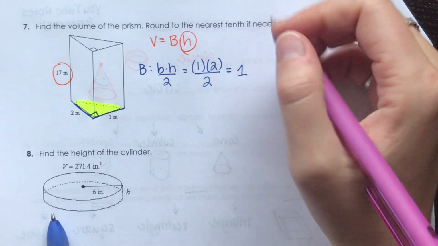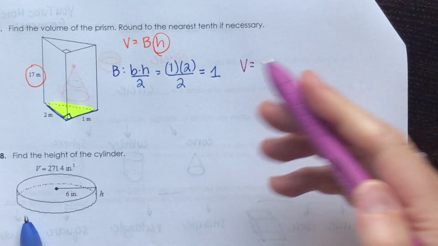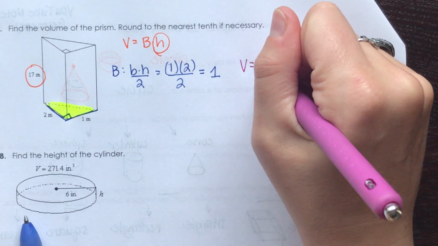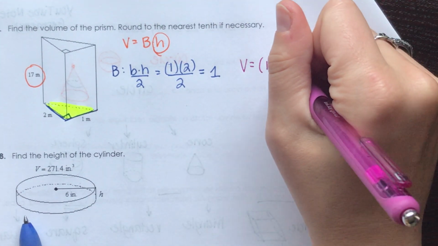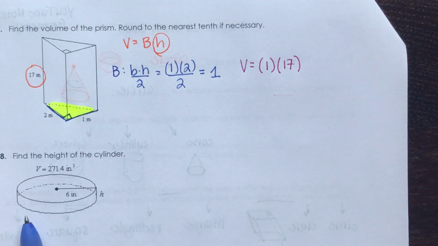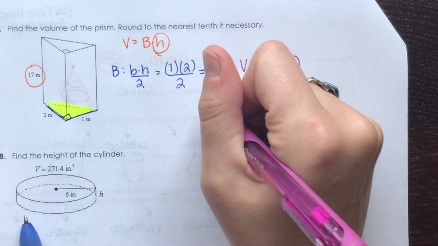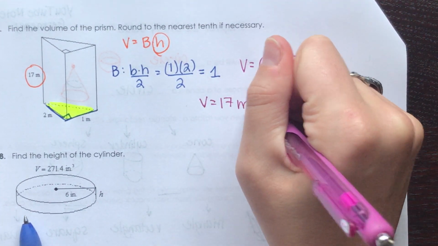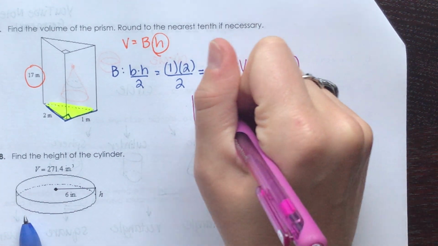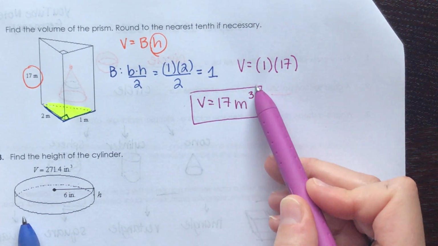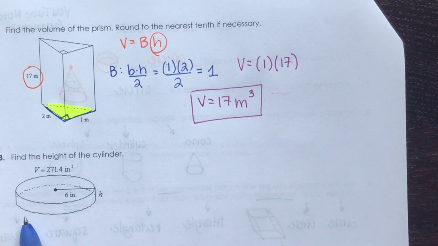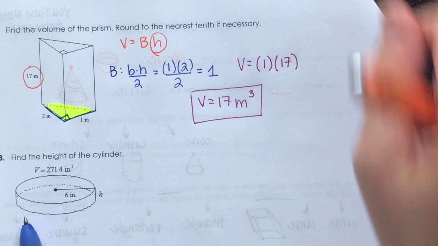So my volume formula is my big B, which is 1, times my height, which is 17. And 1 times 17 gives me 17. So my volume is 17 meters cubed. And it's cubed because it is a volume. A volume is always going to be cubed. All right, easy enough. Next one, number 8.